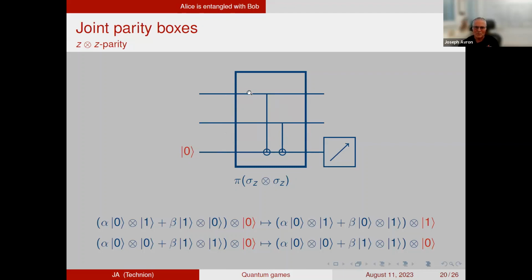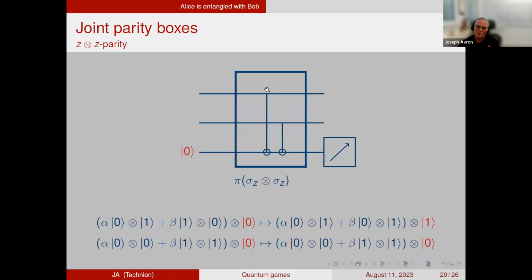If this is +1, and this is +1, then the first qubit would flip this to 1, and this would flip it again from 1 to 0. So if both of them had parity -1, I again read 0 on the ancilla.